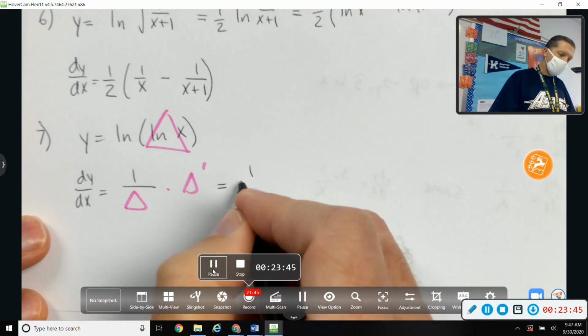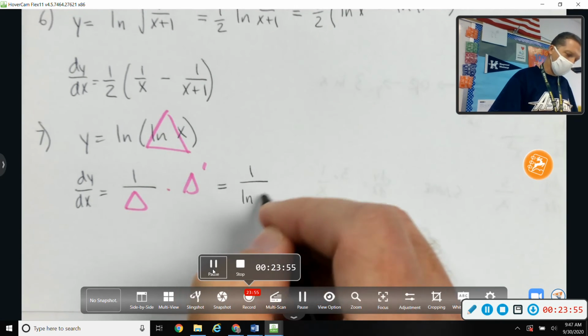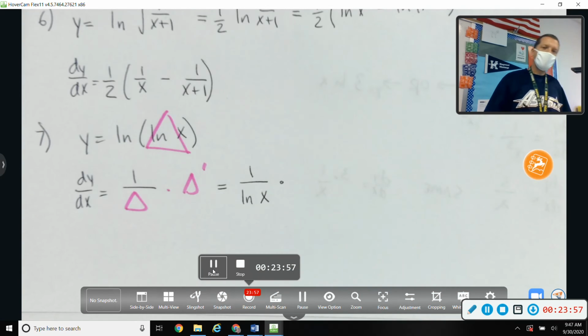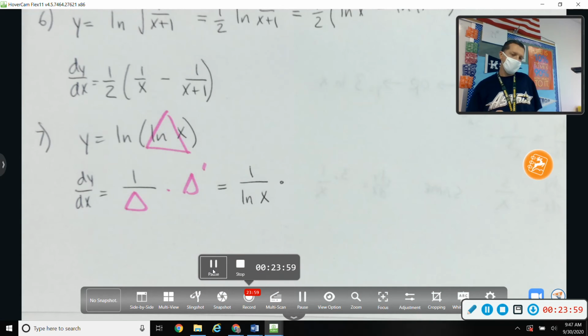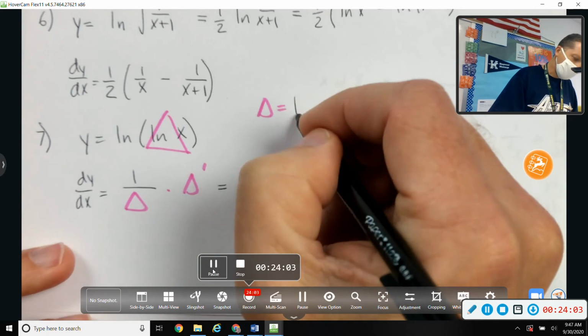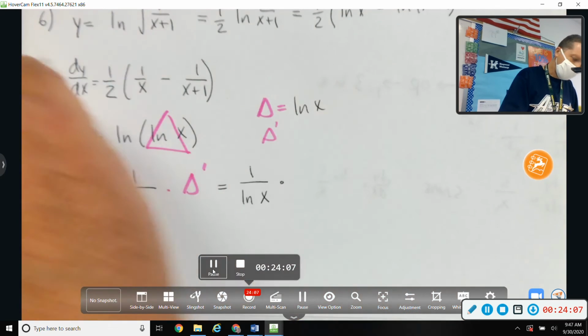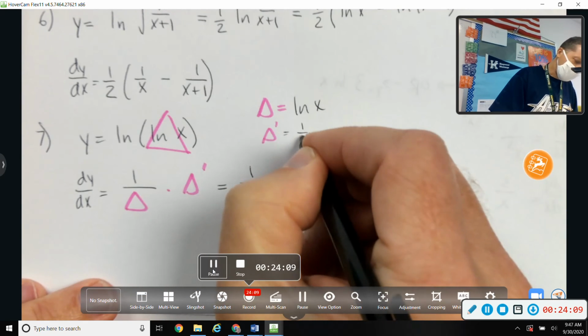So 1 over, but what's the something? What's the pink triangle? Natural log of x. This is a little bit weird because the triangle is natural log of x, which means the derivative of the triangle is 1 over x.